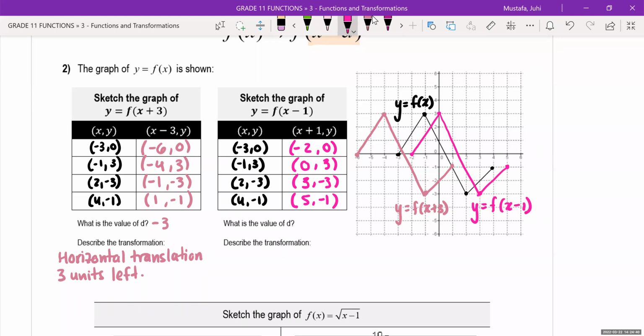Our value for the letter D is going to be the opposite of whatever the original question was. So it'll be a 1. And this is a horizontal translation one unit to the right.